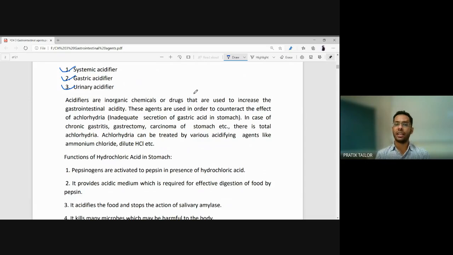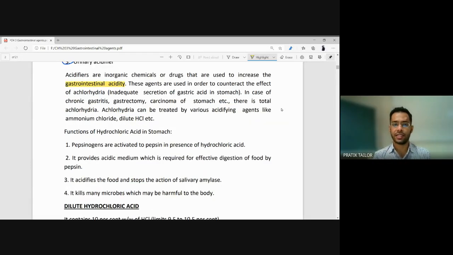So it is an inorganic chemical or drug which is used to increase the gastrointestinal acidity. In case of chronic gastritis, gastrectomy, or carcinoma of the stomach, this may be the condition where less gastric acid will be secreted, and for a temporary arrangement you are providing an acidifier externally.